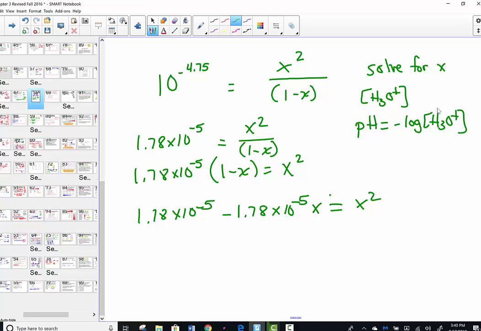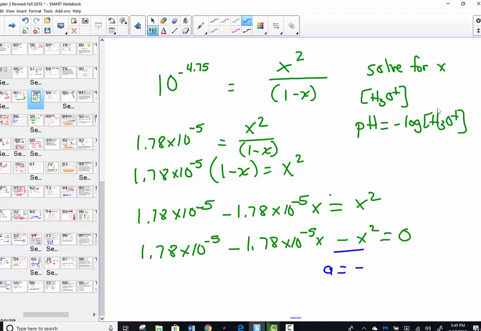We need to take this in terms of the quadratic equation formula, so we need an ABC value. I'm going to bring that X squared over and set it equal to 0, so that you now see that in terms of our quadratic equation, the letter A is equal to negative 1.